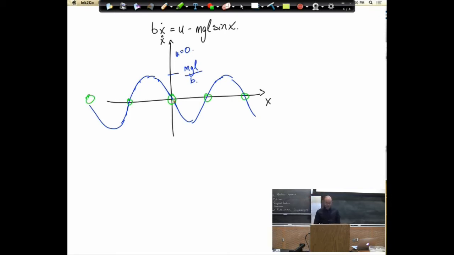So what does it mean for that line to intersect 0? If I'm in that position, if x equals 0, then x dot equals 0. So that's a fixed point of the system. If I'm in this place where x equals 0, x dot equals 0, the system's not moving. It's called a fixed point. That's one of the first and most important definitions for nonlinear stability. These are fixed points.